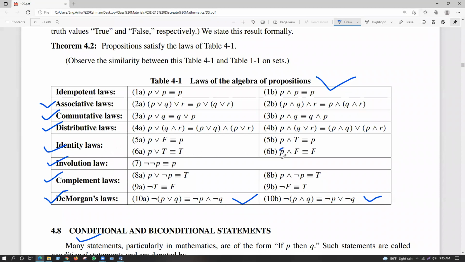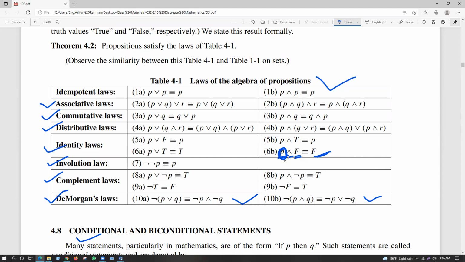P is any random proposition, any random statement. Its value may be true or false. Whatever the value is, in the identity law, P disjunction F is P, and P disjunction T is T. P is just a logical variable here.